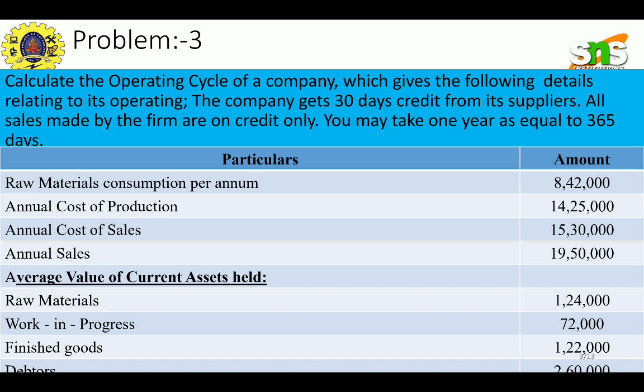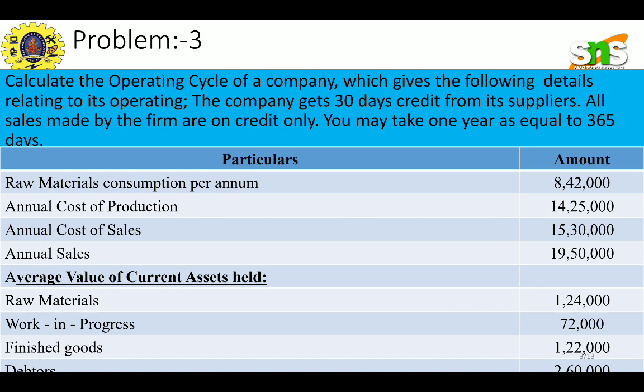Annual sales is 19,50,000. The average value of current assets held: raw material 1,24,000, work in progress 72,000, finished goods 1,22,000, debtors 2,60,000.